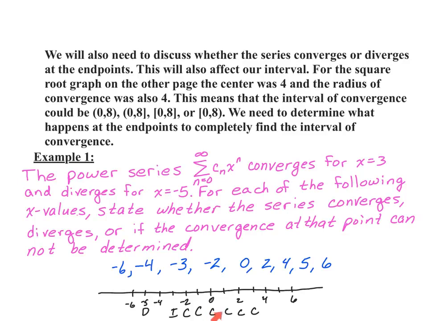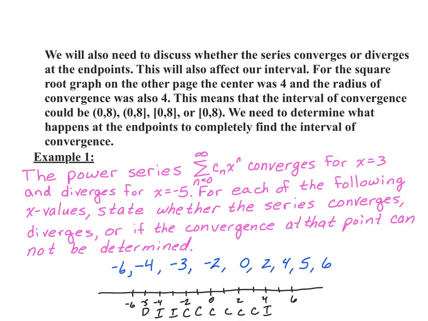We were just told that it does converge at 3, which means that could be the radius of convergence. The radius of convergence could also have been 4, but we do not know. Therefore, we do not have enough information to say whether it converges or diverges at 4 or at -4.